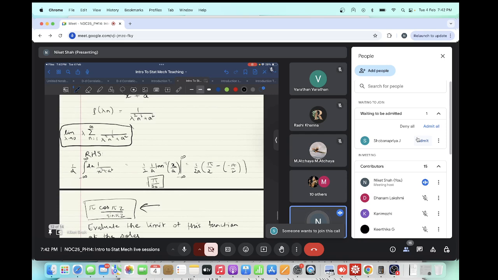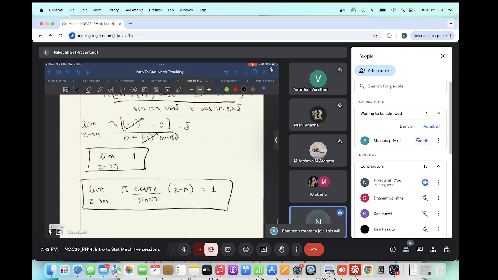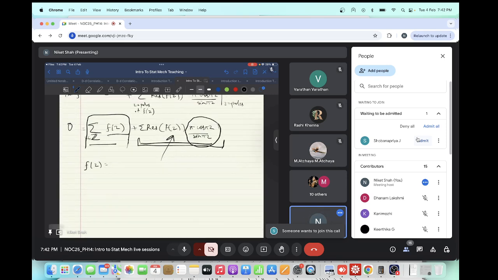F of z is 1 upon lambda square n square plus a square, or I can also write 1 by lambda square into 1 upon n square plus a square by lambda square.